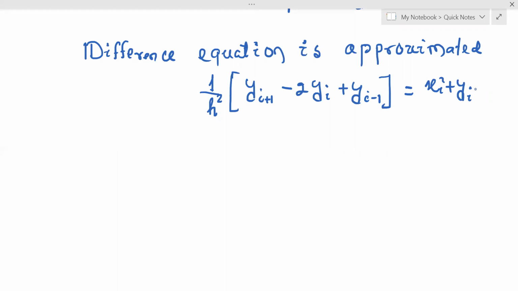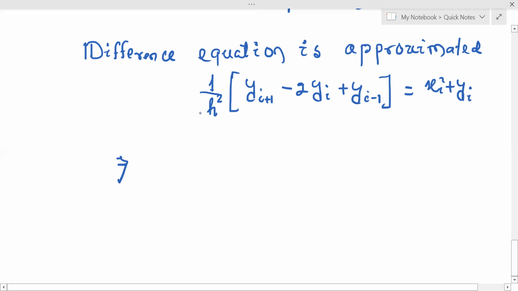But in the initial conditions, y0 and y4 become 0. So put the value of h, which is 1 by 4, and 1 by h square means 16, since 4 square is 16.